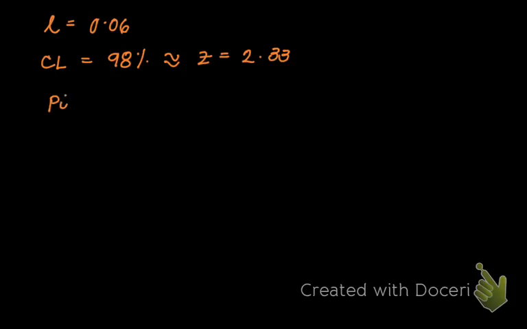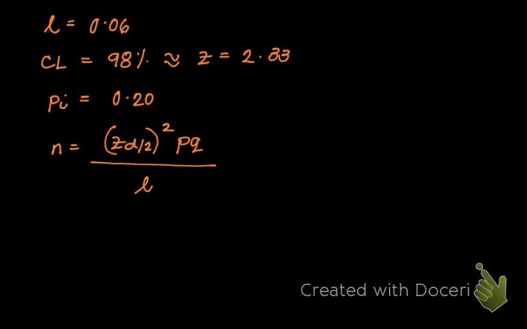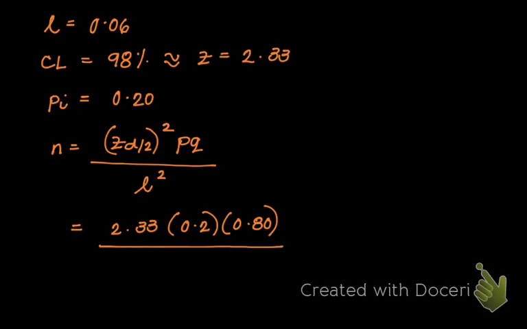So, given that your P sub I is 0.2, so ang N again, ang formula, Z squared PQ over L squared. So, that's 2.33 times yung 0.2 na P and its complement na 0.8 or 0.80 and yung error natin is 0.06. Do not forget to square the values of our Z and L.